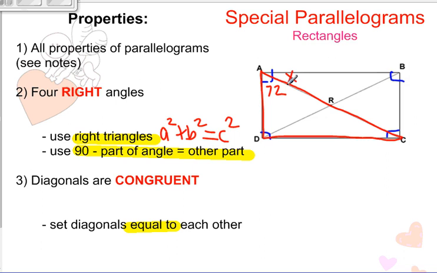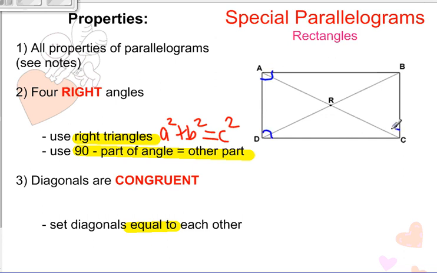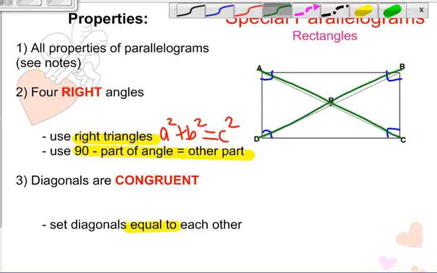Okay, the second piece of their properties: they still have all those right angles. What is unique to the rectangle is that the diagonals are actually congruent. So if these diagonals are congruent, that means AC is congruent to BD, right? But it also means that they hold that property of parallelograms, that they bisect each other.